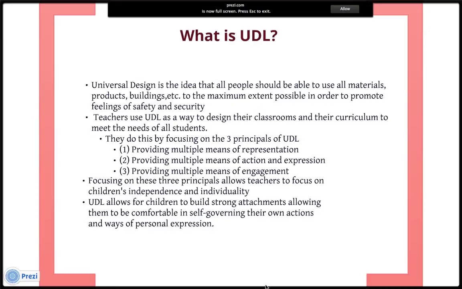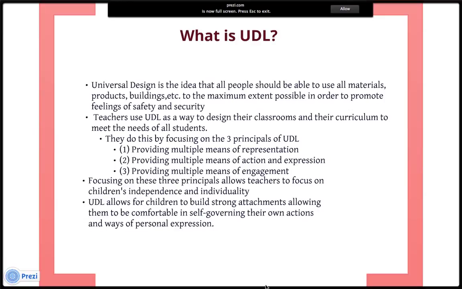The first is providing multiple means of representation. This means making sure instruction, expectations, and learning opportunities exist in various forms and levels of complexity. The second one is providing multiple means of action and expression. So I provide the students with a variety of formats to show what they know and for expressing their feelings and preferences.